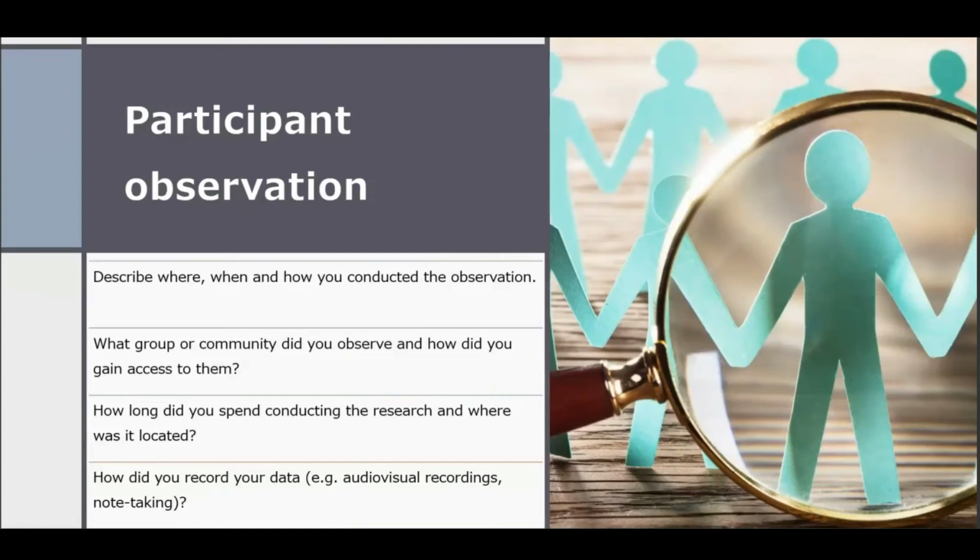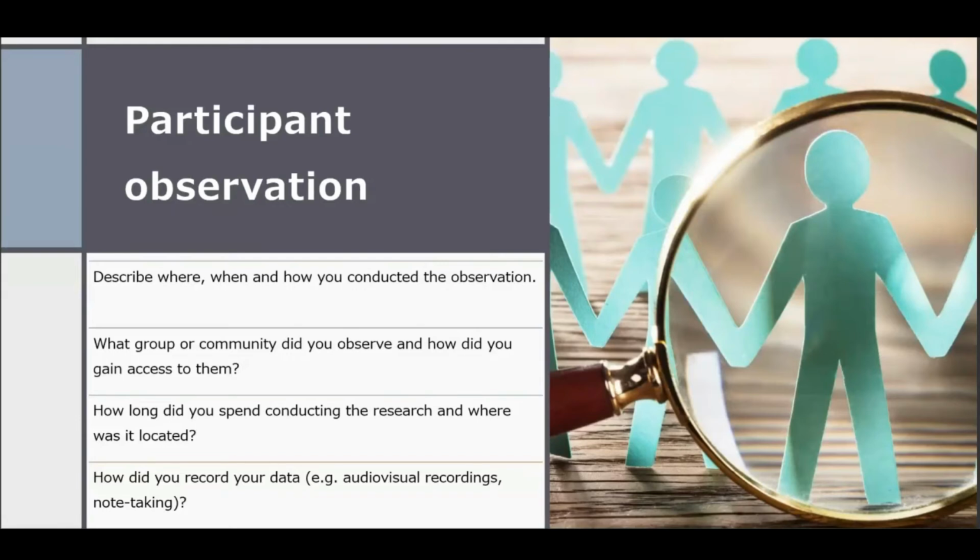And when you want to write a paper based on observation, again, you need to clearly define where, when, and how you conducted the observations, what group or community you observed and the reason behind it, how you found access to them, how long you spent to complete your observation, and how you recorded your data.